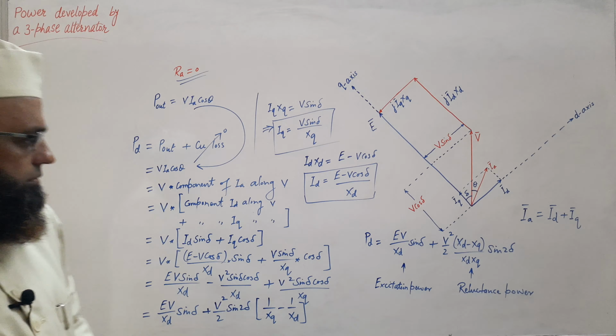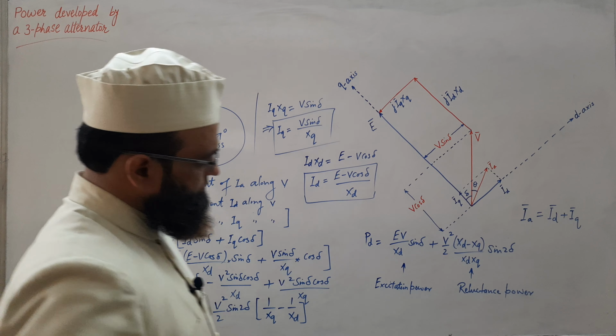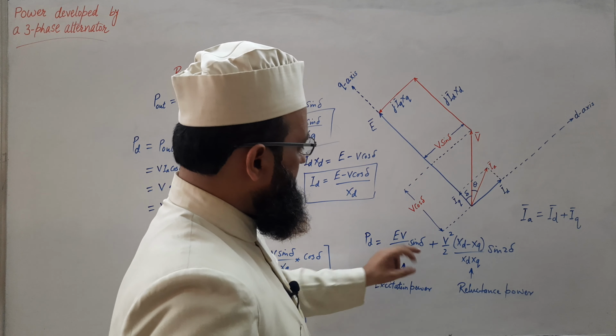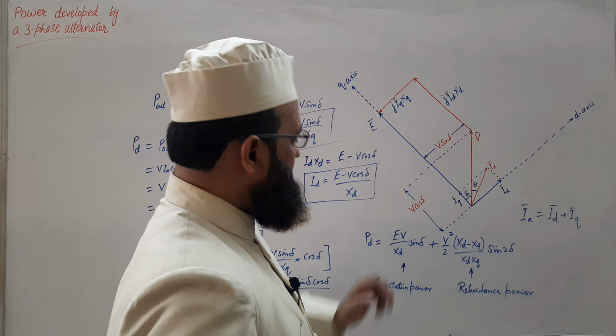So, we may observe that this excitation power depends on E, the excitation EMF, and this excitation EMF depends on excitation current IF, the field current flowing in the field winding that is placed on the rotor.